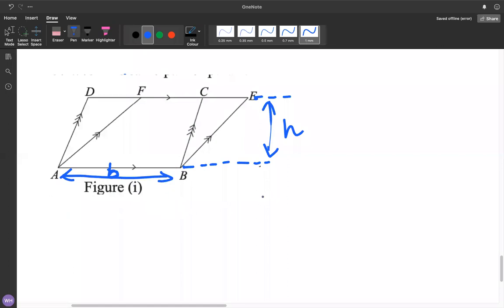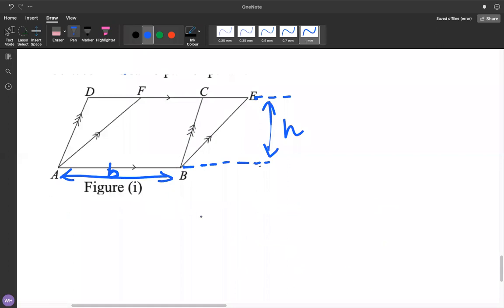Base times the perpendicular height. So what is the base of this ABCD? It is AB and the perpendicular height is h. If you want to write it in symbol form, b times h, right?